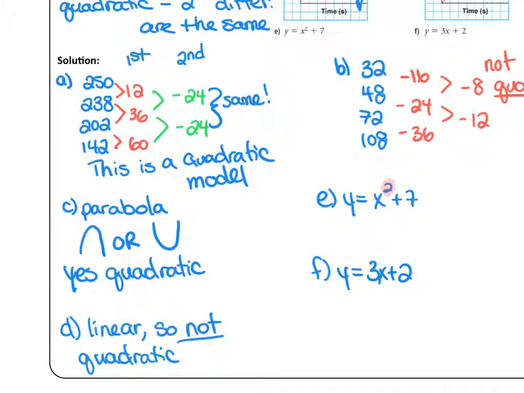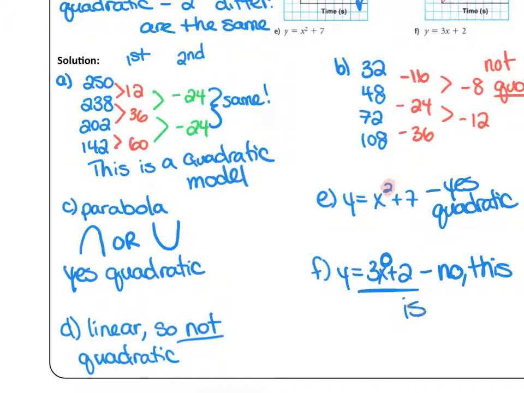That's our highest exponent. And that's what I said had to be for it to be quadratic. So this one is yes, it's a quadratic. But in this one, it doesn't have anything there. The highest is 1. So this one looks more like that y equals mx plus b. So I'm going to say no. This is linear.